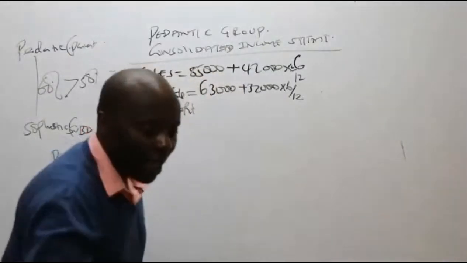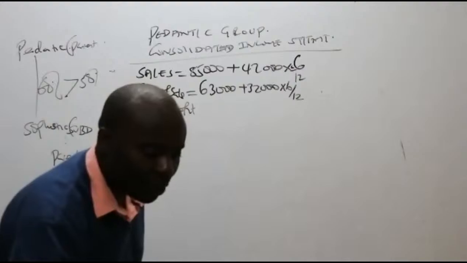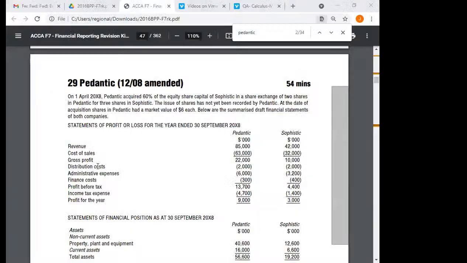Okay, so I come here to cost of sales. They said after gross profit, I can see distribution cost. So you write distribution cost. I see the parent has 2,000, and this other one is also 2,000.